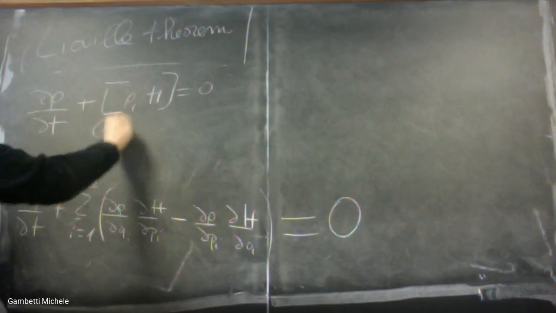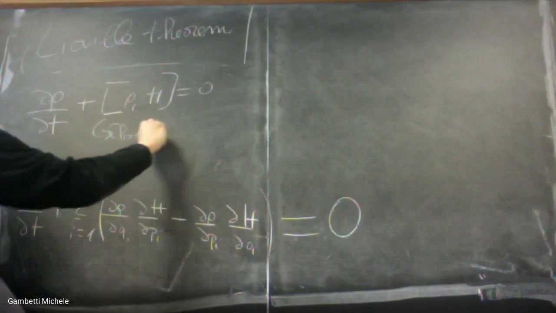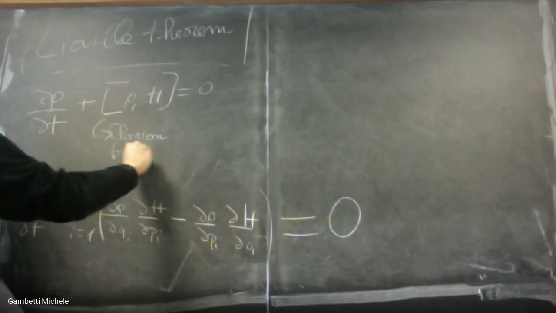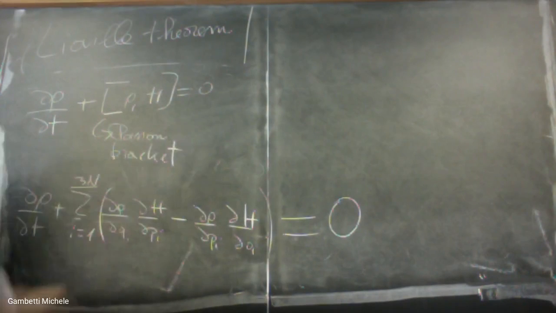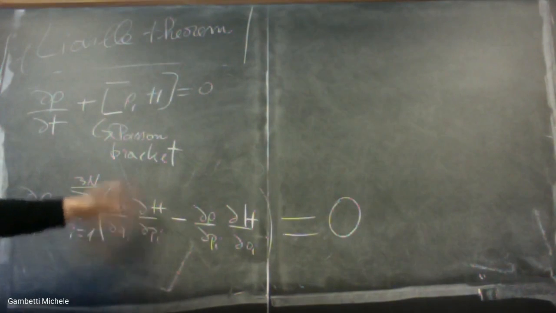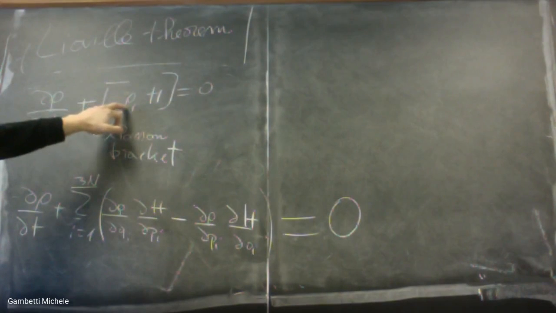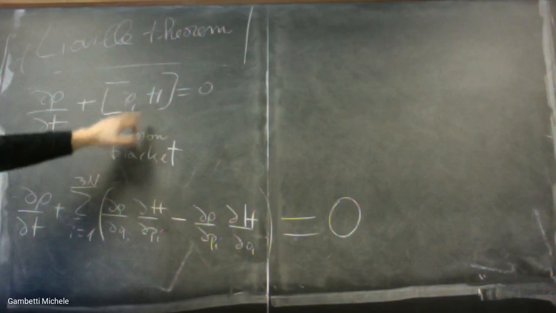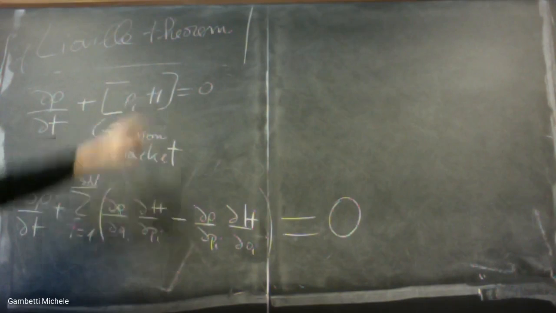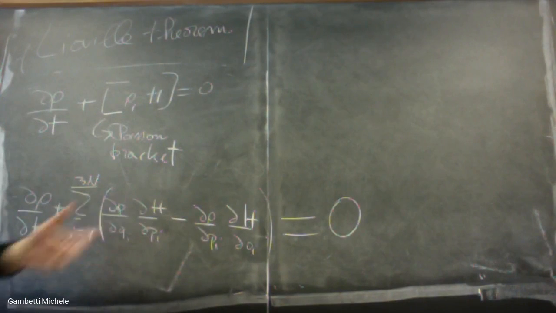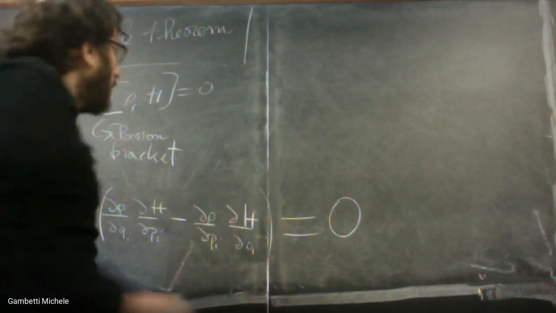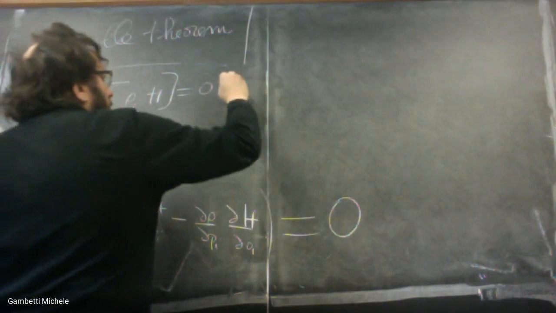This quantity is the Poisson bracket, which is defined as the sum over all degrees of freedom of the derivative of the first quantity with respect to q times the derivative of H with respect to p, minus the opposite. Now, this equation here is called the Liouville theorem.